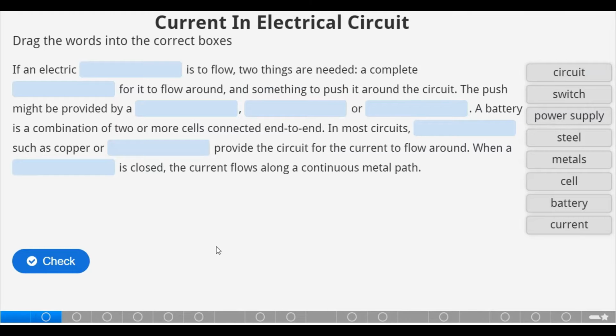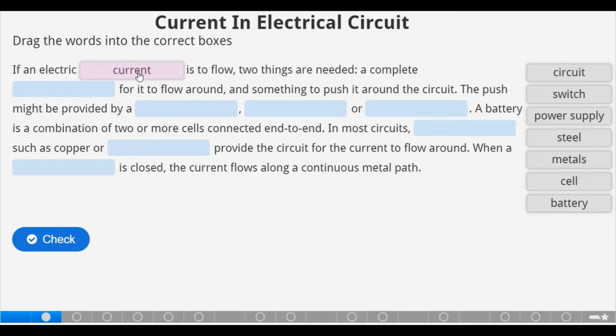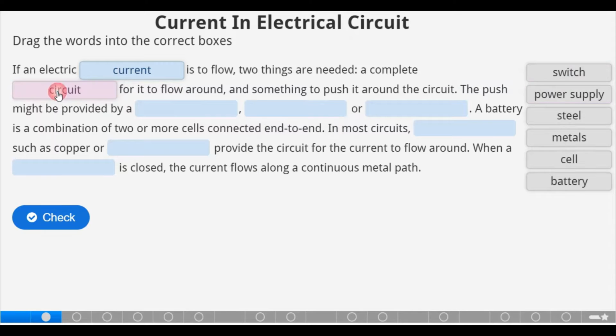Now, current in electrical circuits. We have to drag the words into the correct boxes. If an electric current is to flow, two things are needed: a complete circuit for it to flow around and something to push it around the circuit.